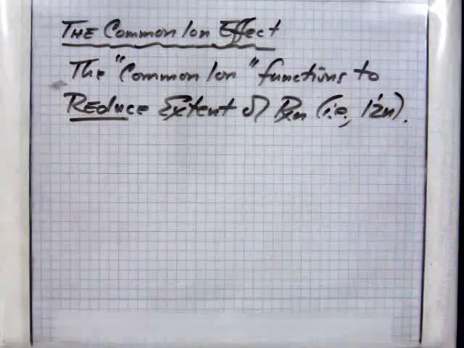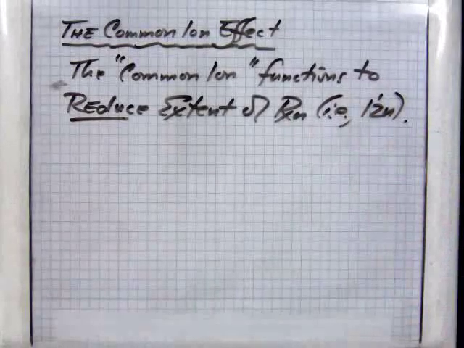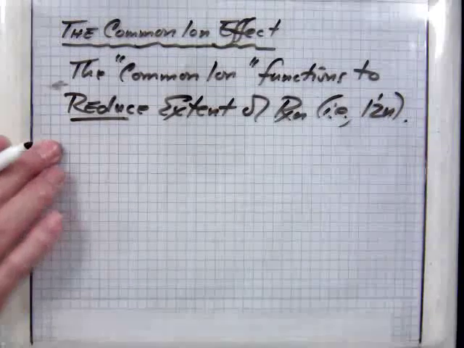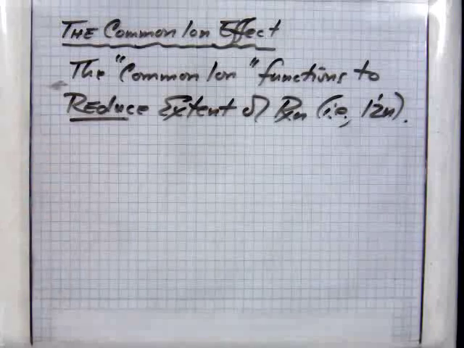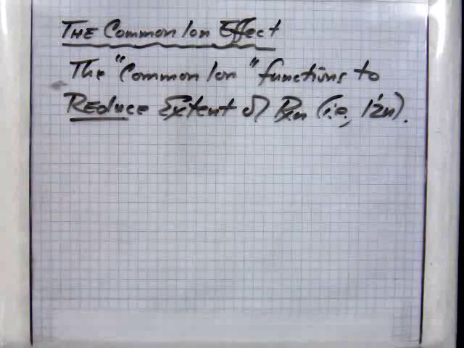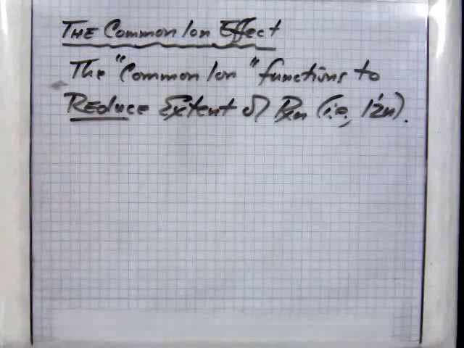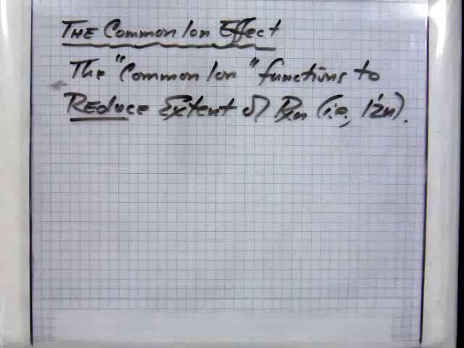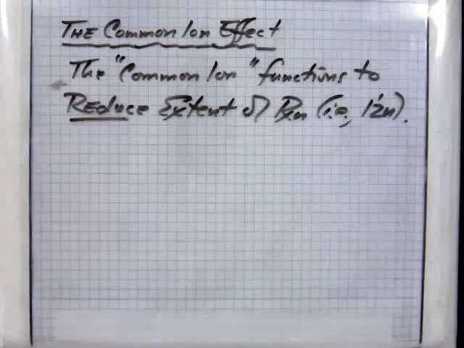Period. So, if you have a common ion and you add a weak acid or a weak base, the amount of ionization from the weak acid or weak base will be less than it would be in pure water. That's the point. So how do we deal with this?